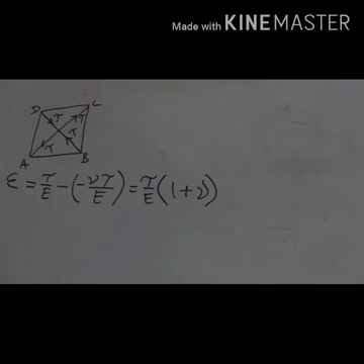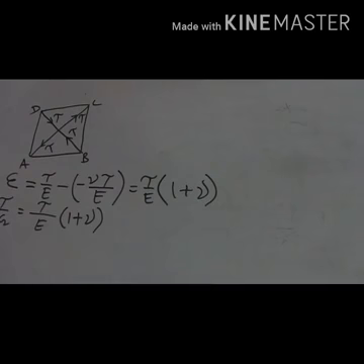So from the equation, epsilon is equal to tau by 2G. So you write down here tau by 2G is equal to tau by E, 1 plus nu.